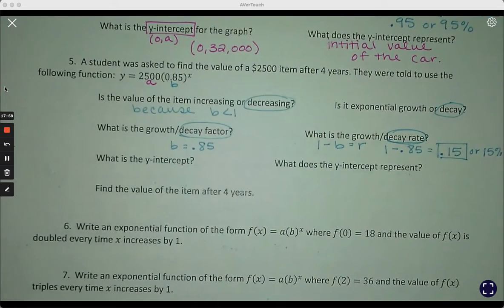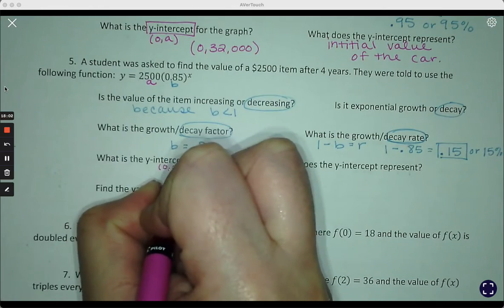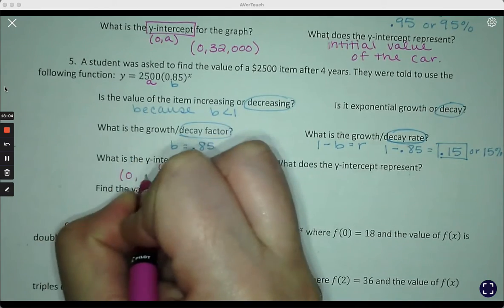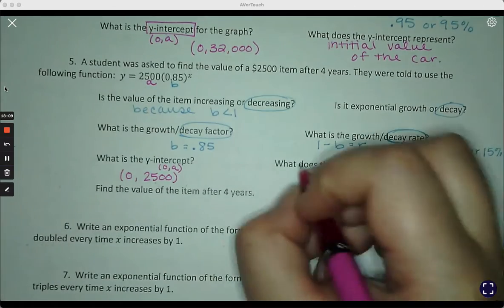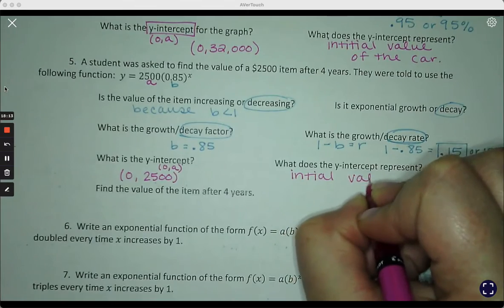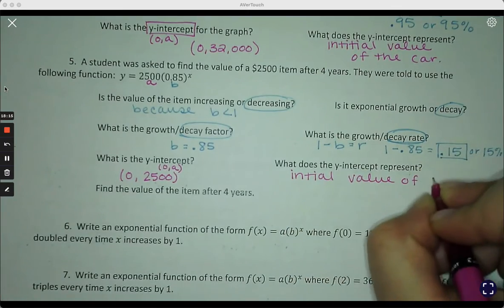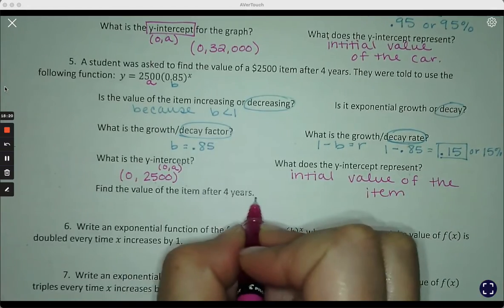Okay, what is the y-intercept? 0, A, so 0, 2,500. What's the y-intercept represent? Initial value of the item. Find the item after 4 years.